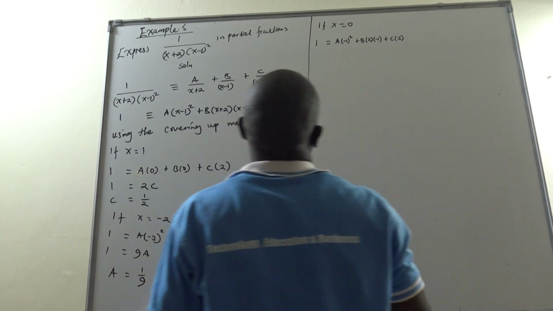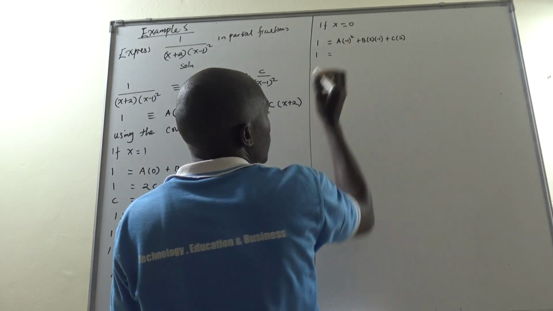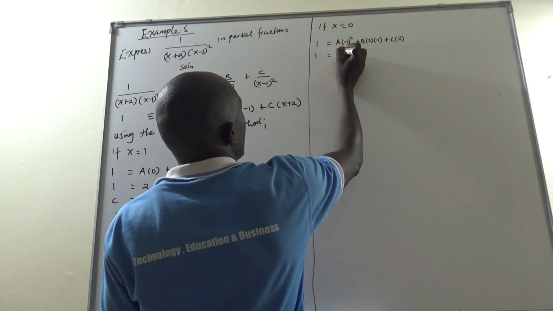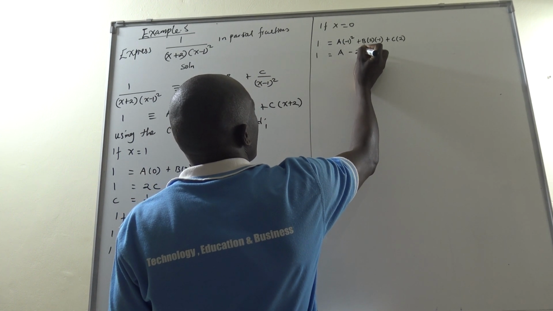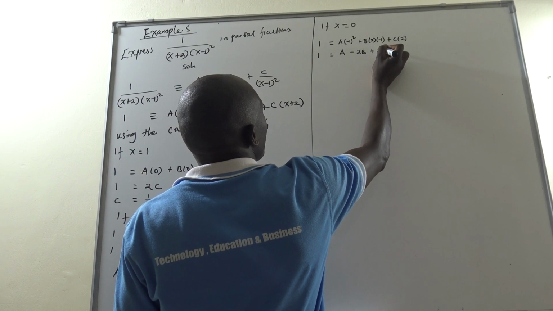So this is 1 equals -1 squared, we are getting 1 times A, which remains as A, then minus 2B, then plus 2C.